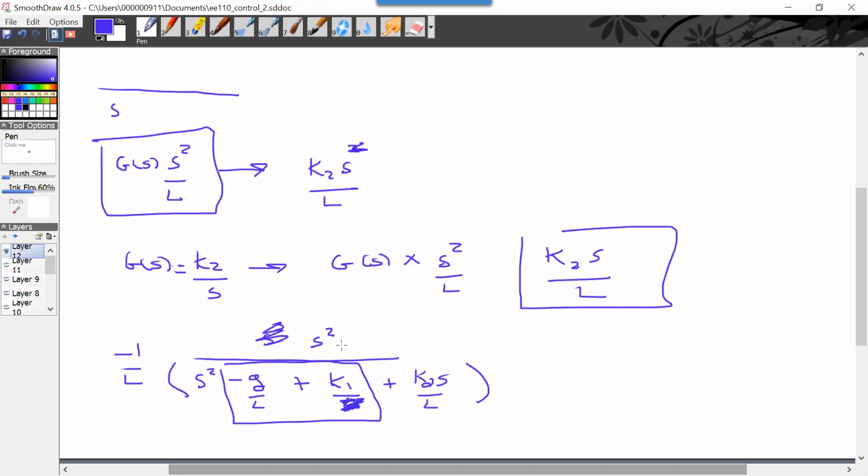When it's all multiplied through, I have to keep this positive, right? And then I just have to keep that positive. And then it should be in control.